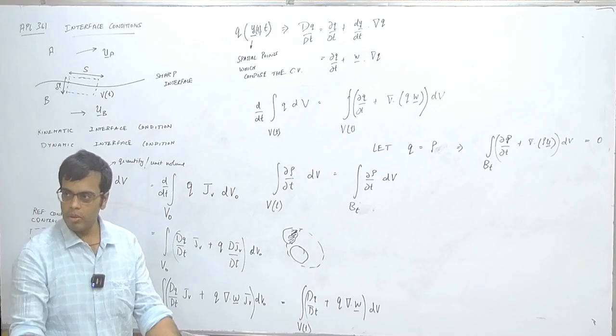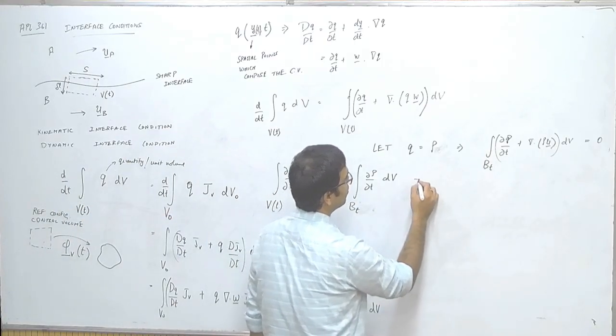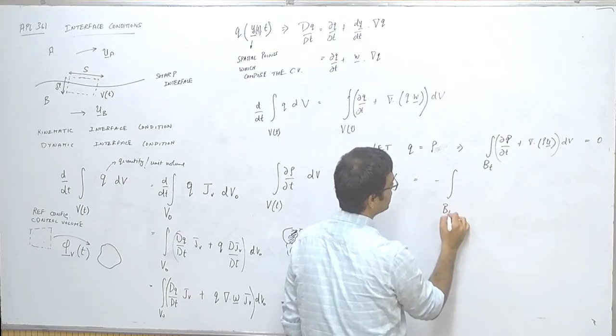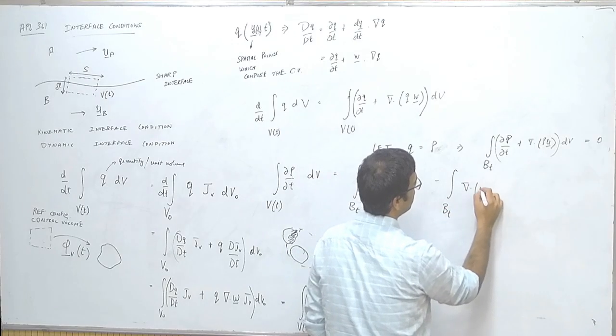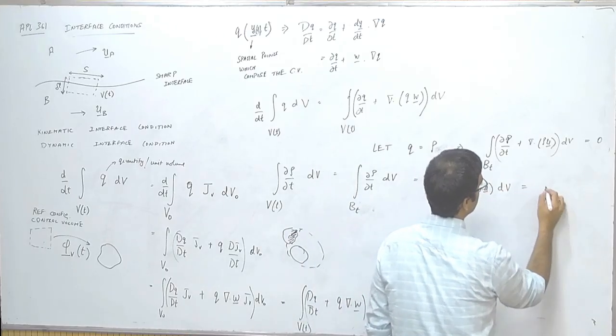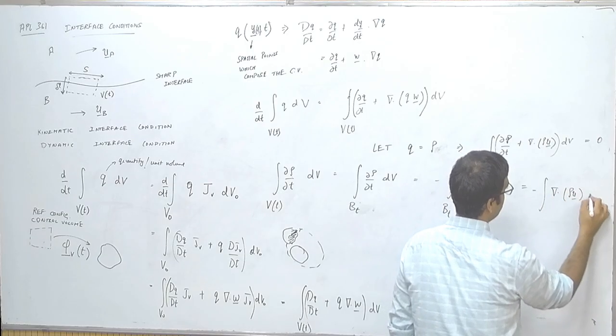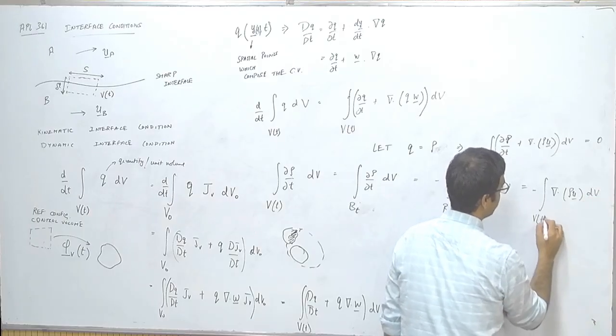Okay, you can break a blob in two blobs, that is not a problem. So this we know is equal to minus the integration over the blob of del dot rho u dv, which is going to be equal to minus the integration over V(t) of del dot rho u dv.